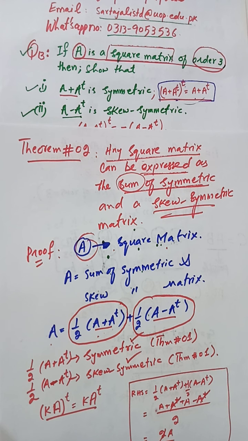If you prove a general result, and it is true for all, then it must be true for the specific case. So we showed that for any square matrix A, A plus A transpose is a symmetric matrix and A minus A transpose is a skew symmetric matrix. So if it is true for any square matrix, it must be true for an order 3 square matrix, which is question number 13 of exercise 2.1. Okay, so this is another way to explain question number 13.